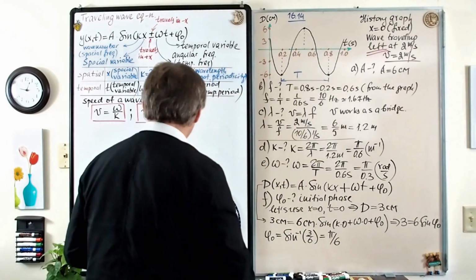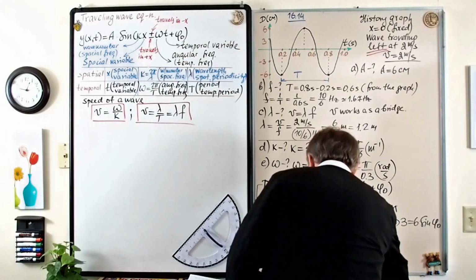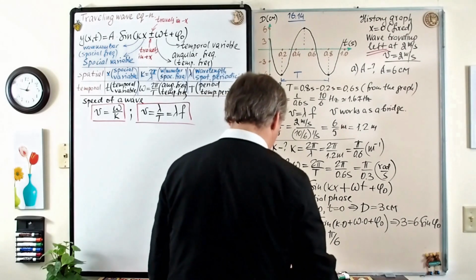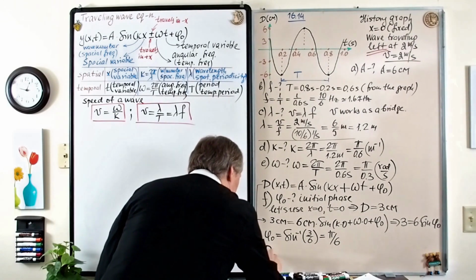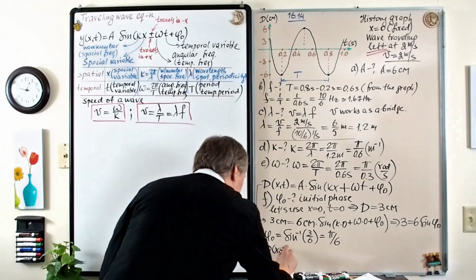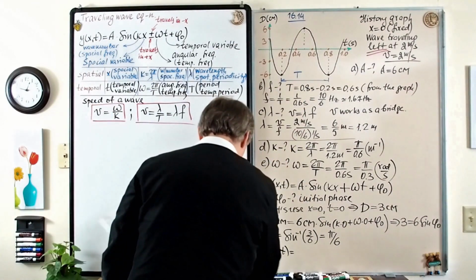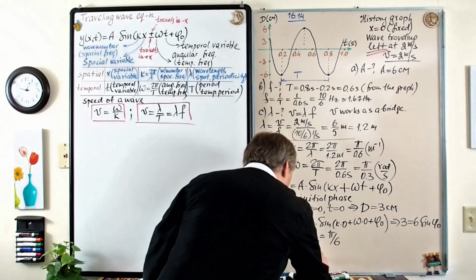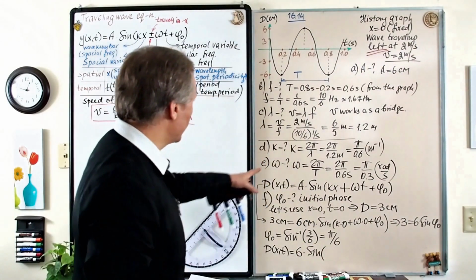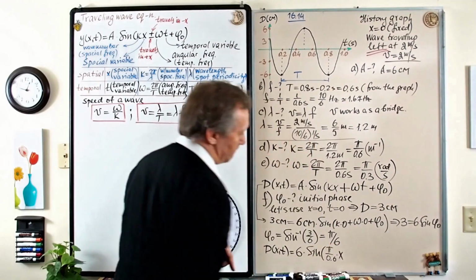Maybe I can squeeze it underneath, although I don't like that. Okay, let me fit it. Right, so d(x,t) equals, okay, amplitude 6 times sine of k, where is my k? pi/0.6 times x, right?